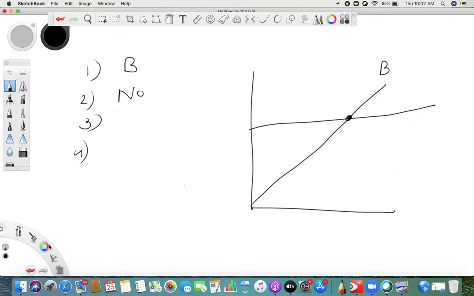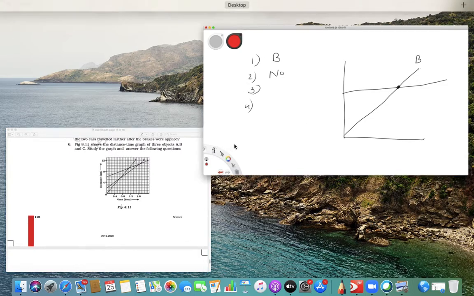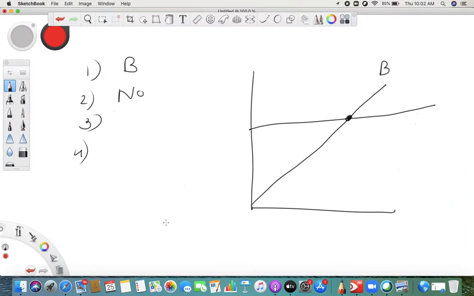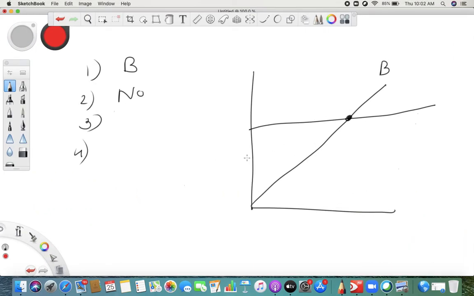So let me draw the graph again. Here your C is here. Actually, I need to plot that graph, then only I can give you a clear idea. So it's somewhere here. This is your C. This is your A. This point where you have to touch from the graph, this is a rough diagram.